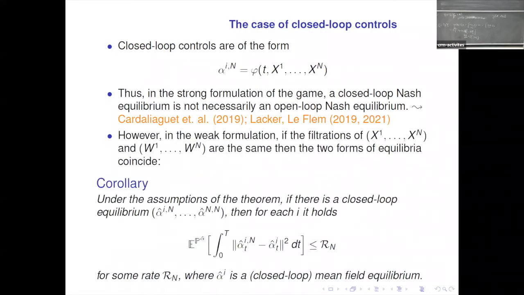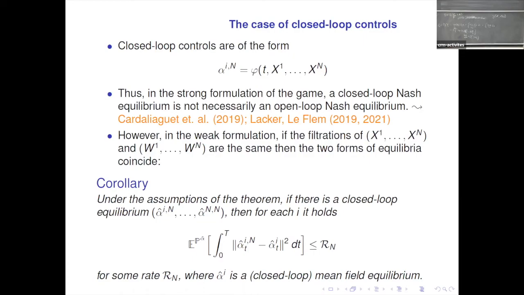The interesting thing is that in the weak formulation, X is uncontrolled, so that when they change their strategy, it doesn't impact my state, right? So if you have the same filtration for X and W, in the weak formulation, the closed loop equilibrium and open loop equilibrium turn out to be the same, and therefore we can also get the result that we have here for the closed loop case.